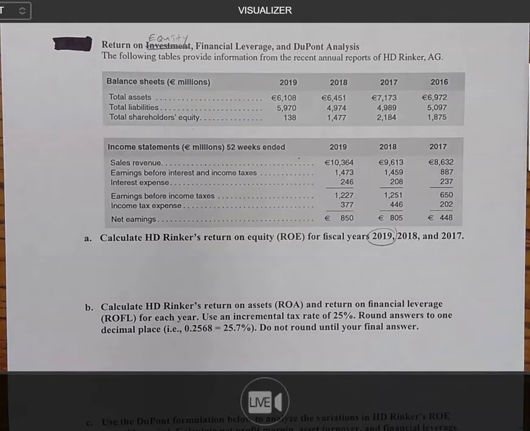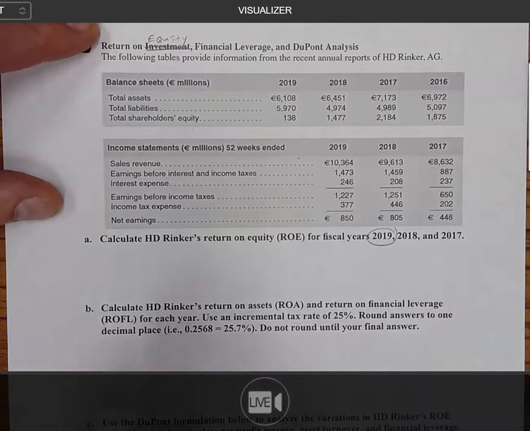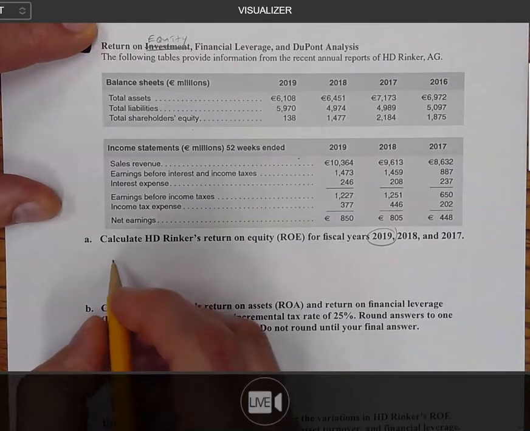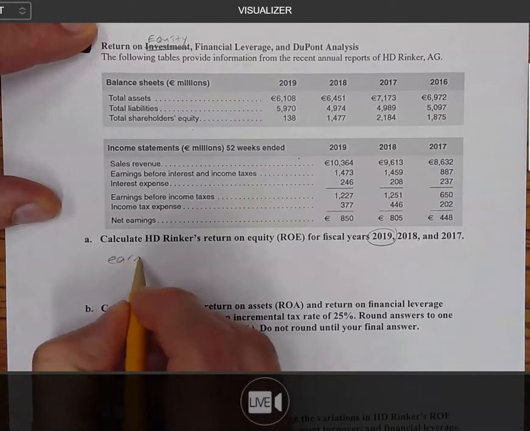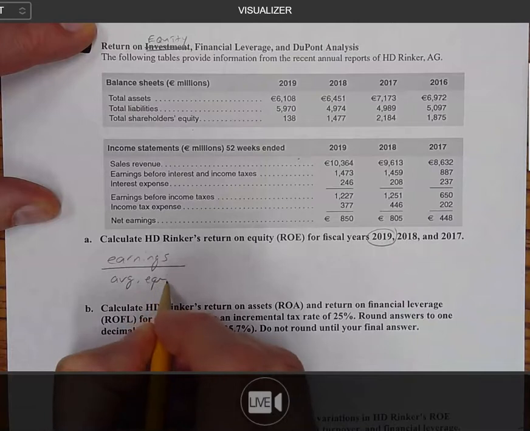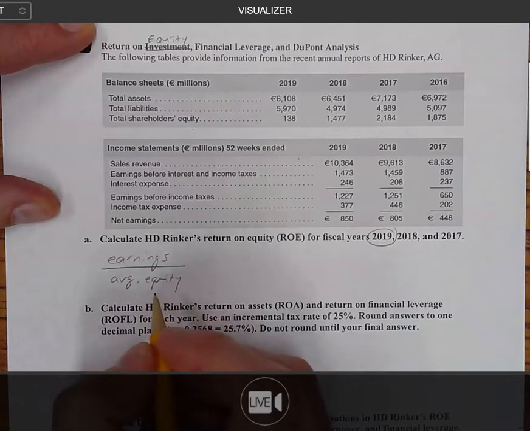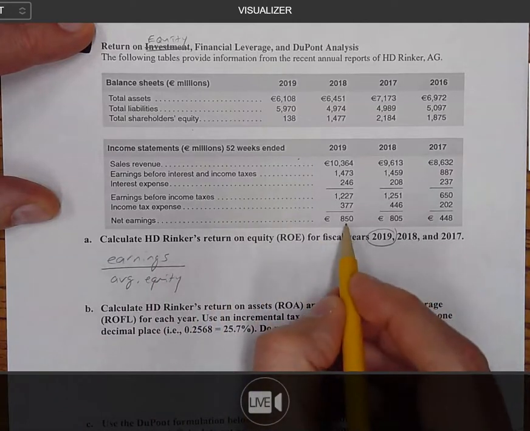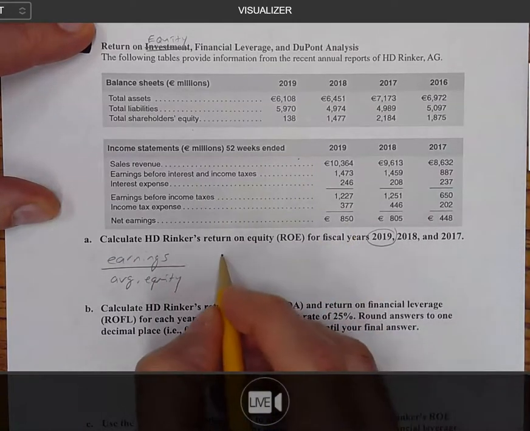Well, the formula for ROE is simply earnings divided by average equity. All right. And so if we look at our earnings for 2019, we have 850.